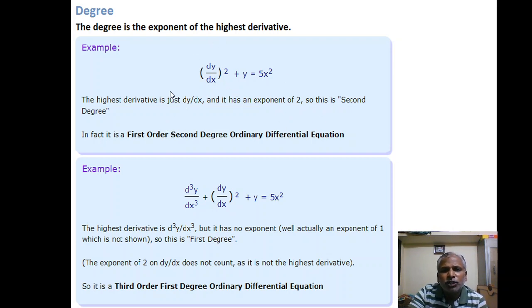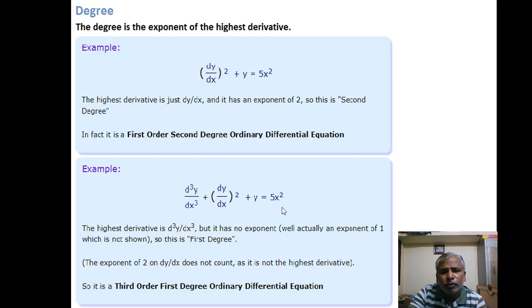It is free from radical sign, that is, the square root, and degree is simply the power of the highest order derivative term. First order, second degree.